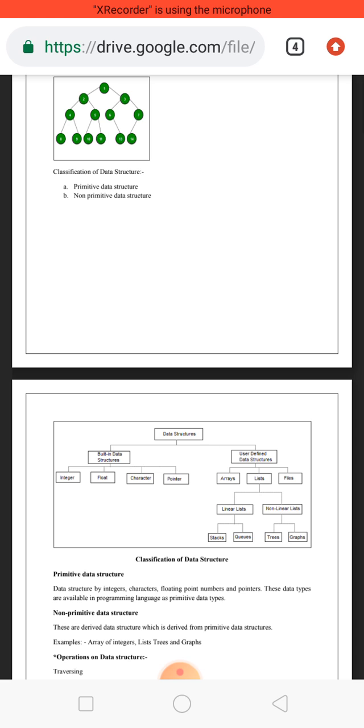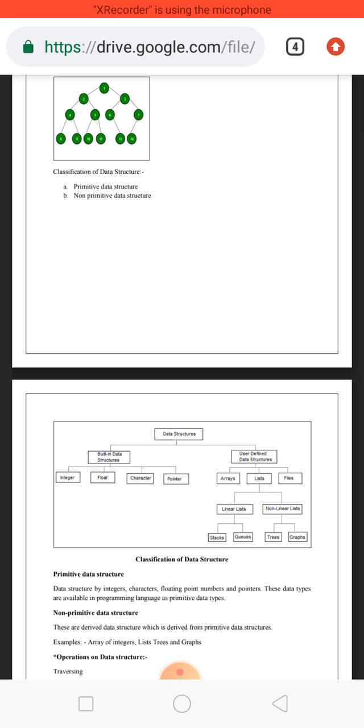In a stack you can store and retrieve data from one end.